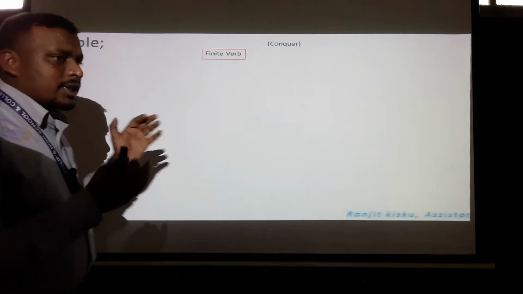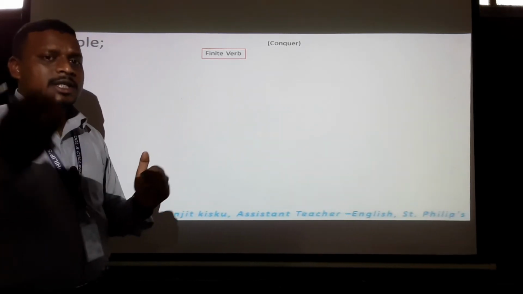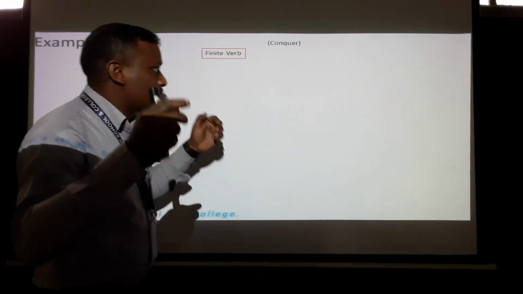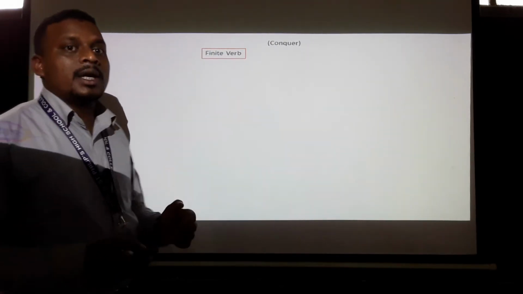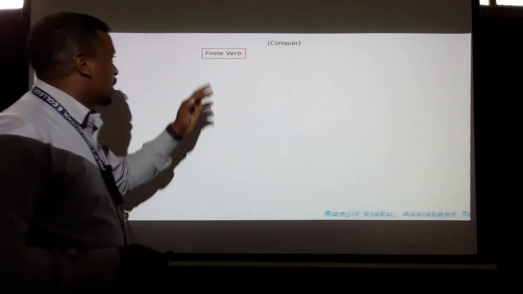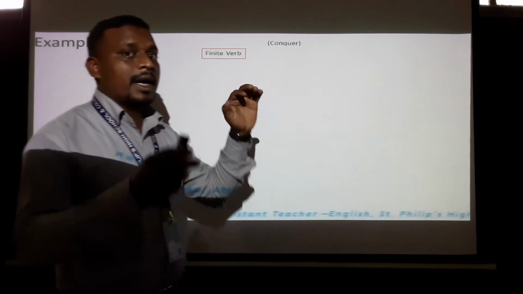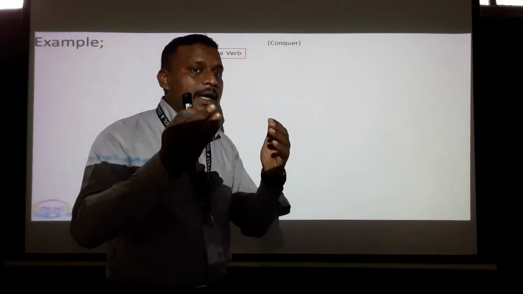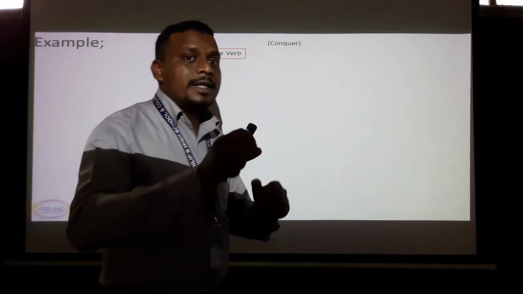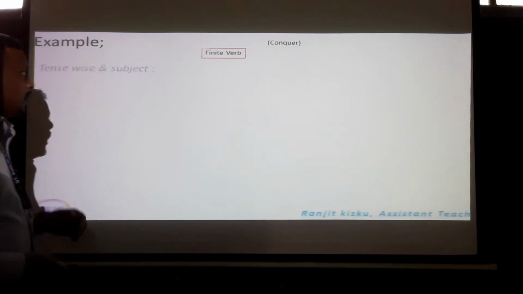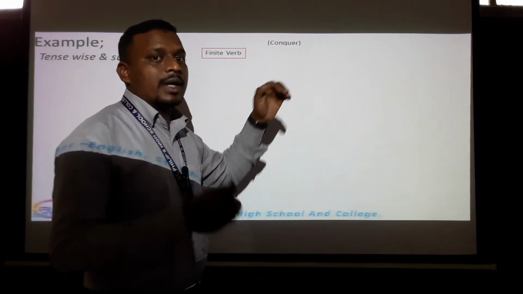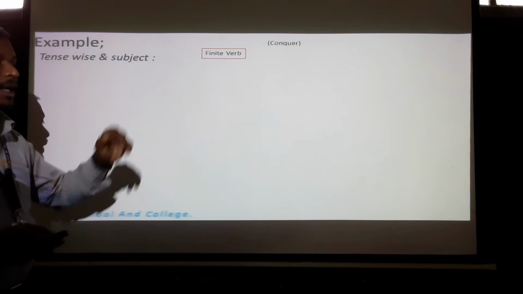Now, let's see some examples. Just consider a verb. I have considered one, conquer. Conquer, the verb, means win. So, we will see the verb as finite. How many changes of this verb do we find when we write an English sentence? So, let's see the tense and subject-wise changes of conquer as a finite verb.